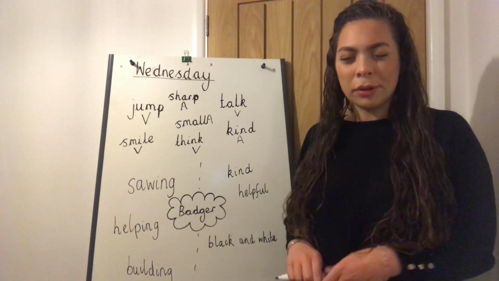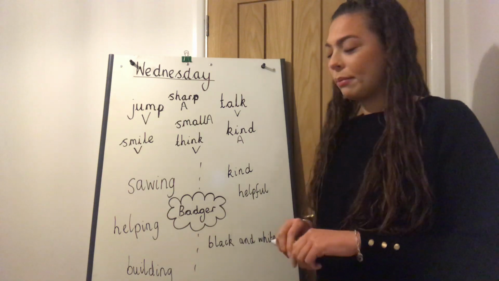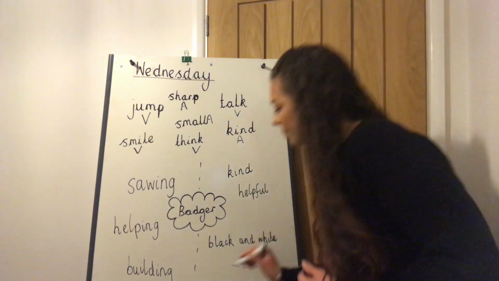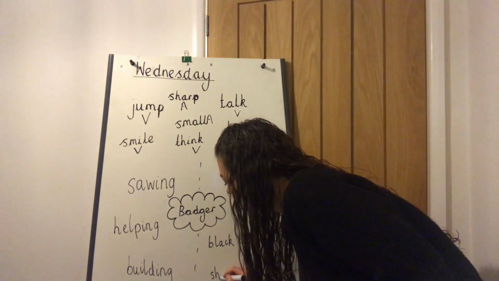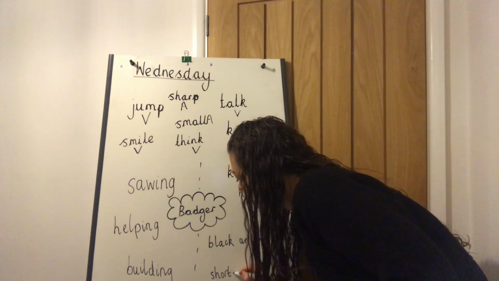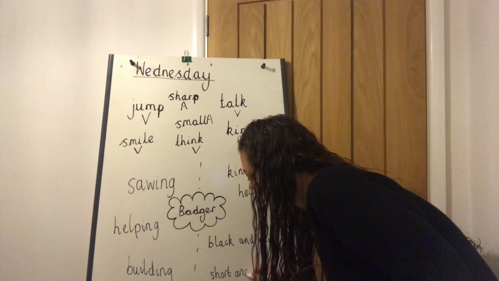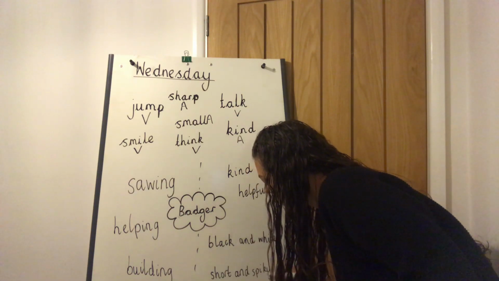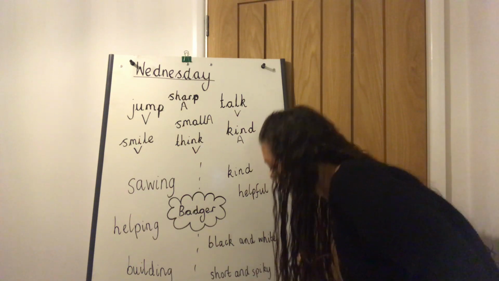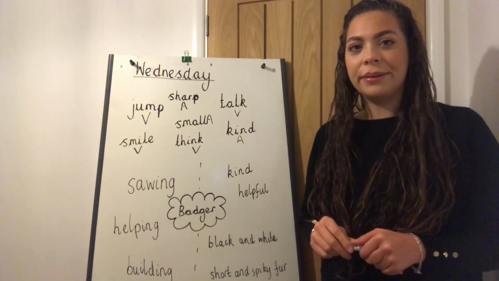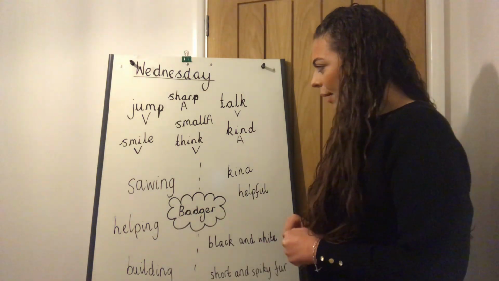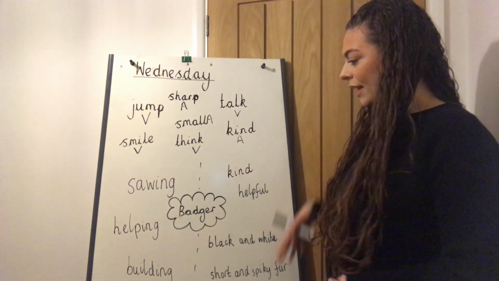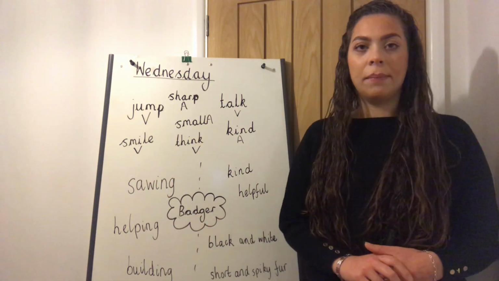It looks a little bit spiky, but not like a hedgehog. It just looks like it might be a little bit spiky. Short and spiky fur. So, I have used lots of words here to describe what my badger is like.